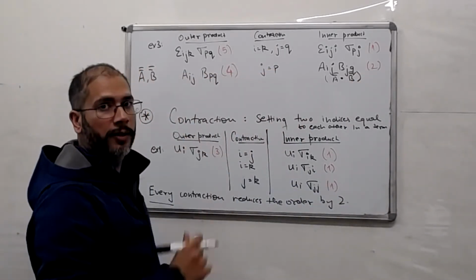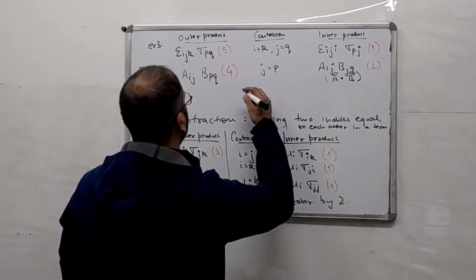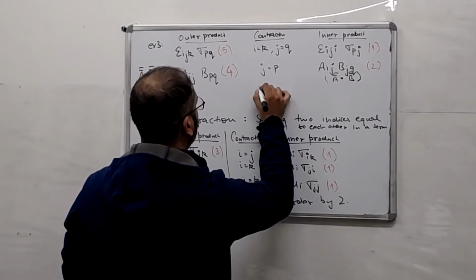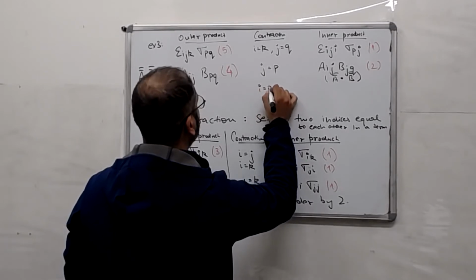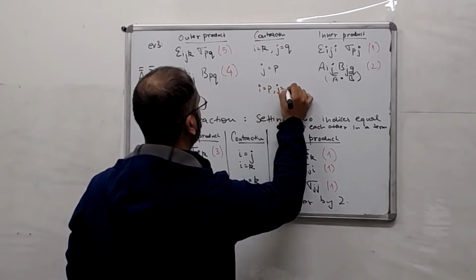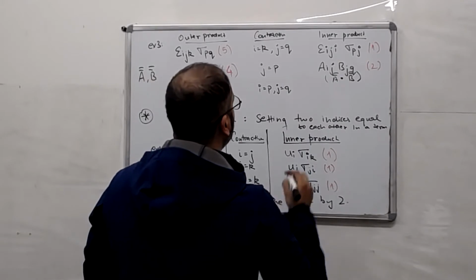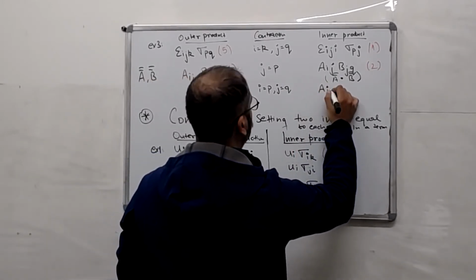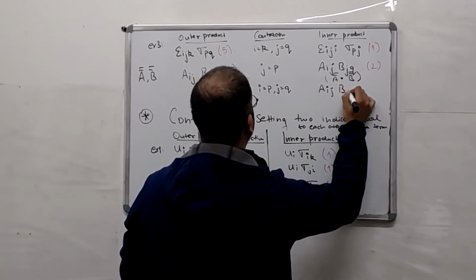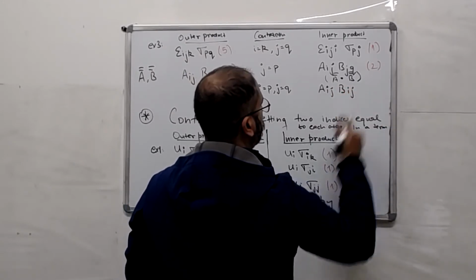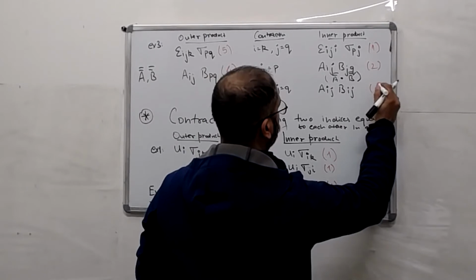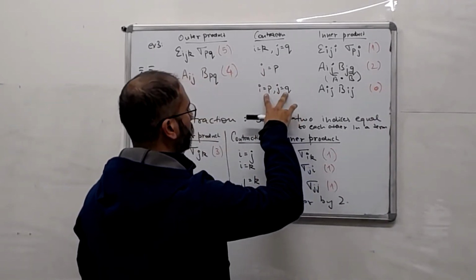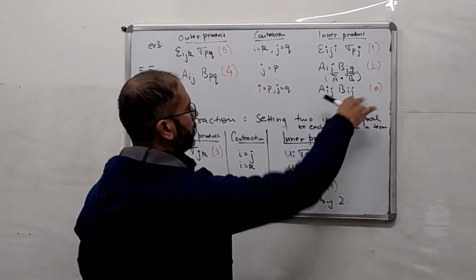Single dot. And then we can also do two contractions. So we can do i equals p and j equals q. So that's going to give us A ij B ij. You can see that the order of this is 0. There is no free index here because you have two contractions. So 2 times 2 is 4, and 4 minus 4 is 0.